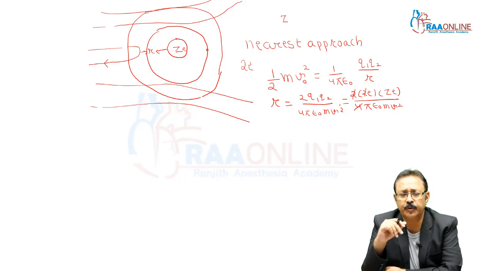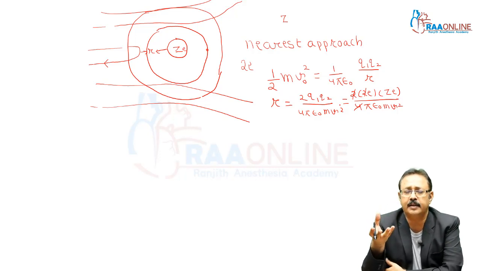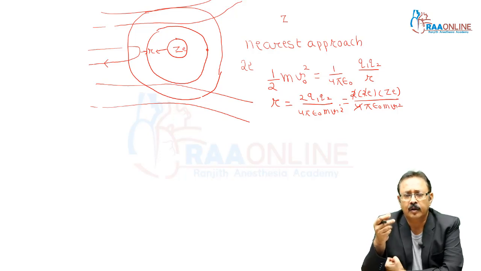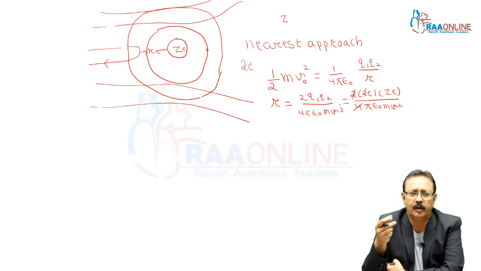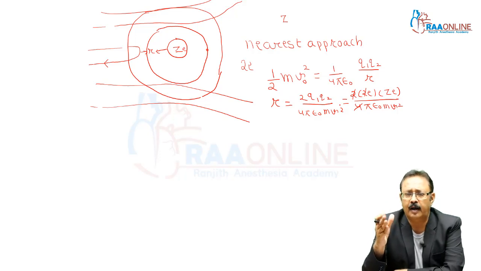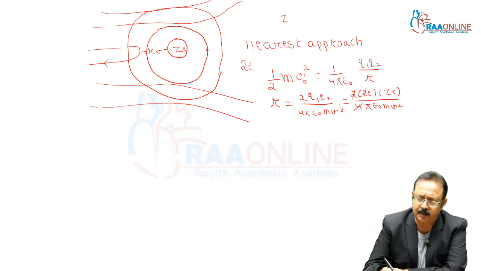They can confuse you, or they can make a new problem with this concept. They will say, suppose the closest approach or nearest approach for an alpha particle is r in an atom whose atomic number was, suppose they say, 10.